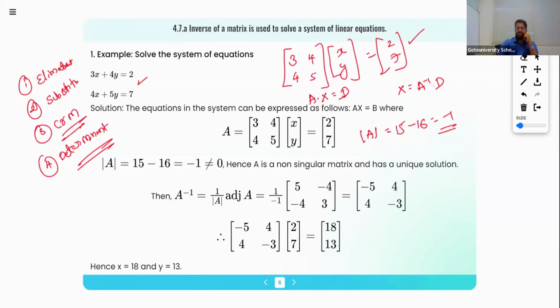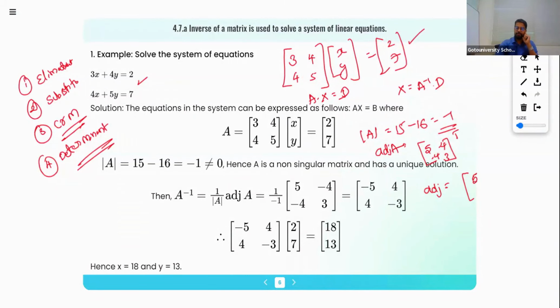Right? So what is the adjoint of A? It is going to be 5 here, 3 here, this is minus 4, and minus 4. Transpose of that, right? So what is the adjoint of A now? Adjoint of A is, I think transpose, yeah.